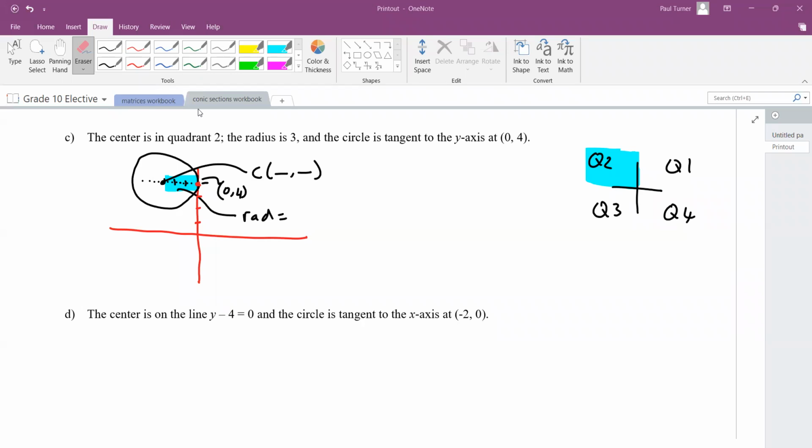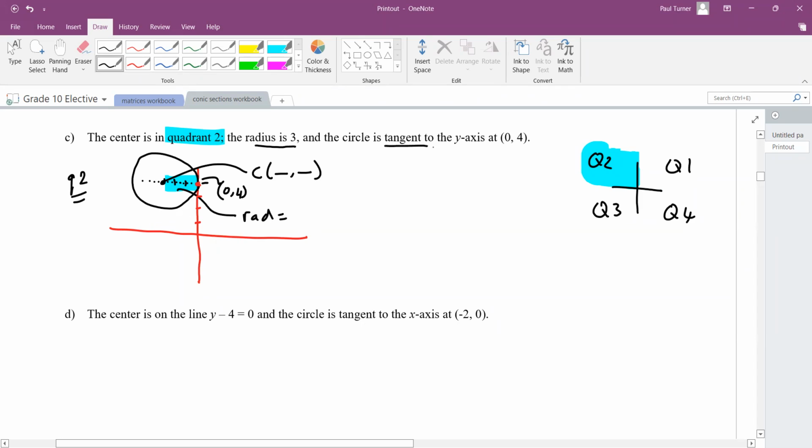Right, so question C, I basically did a drawing of our diagram. We just note that we have quadrant 2, which is this quadrant here on the top left side. So this is quadrant 2. We know our center is in this quadrant. The radius is given as 3, and the circle is tangent to the y-axis at 0, 4.